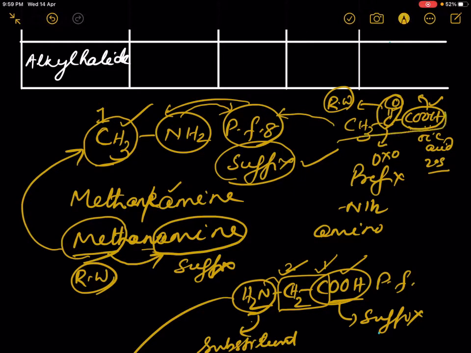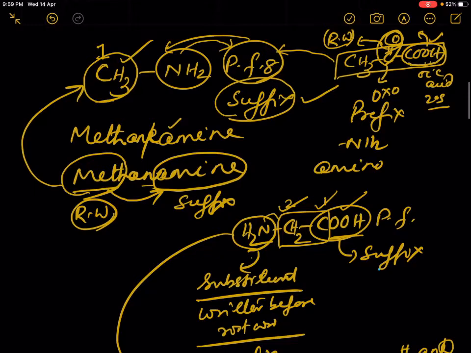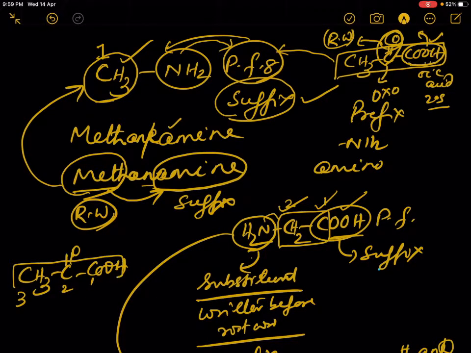This is propanoic acid and this is 2-oxo. Let me write again, CH3COCOOH, 1 2 3. This is the parent chain. For 3 carbon atoms, the root word is prop. For single bonds, the primary suffix is ane.